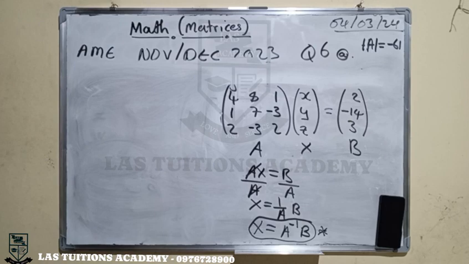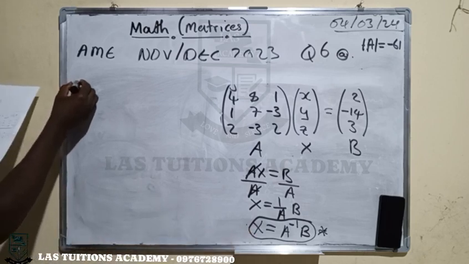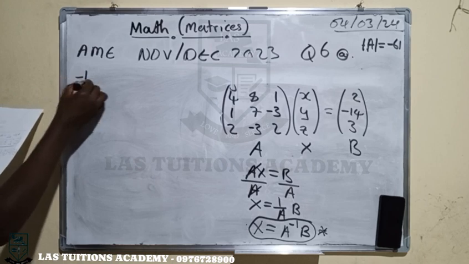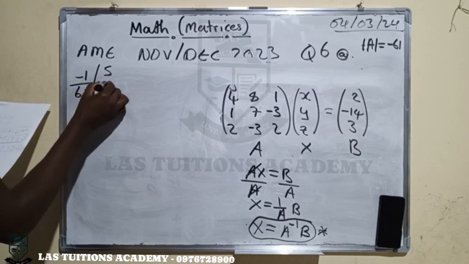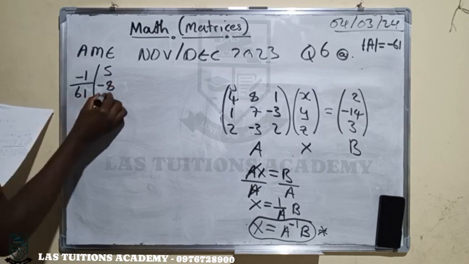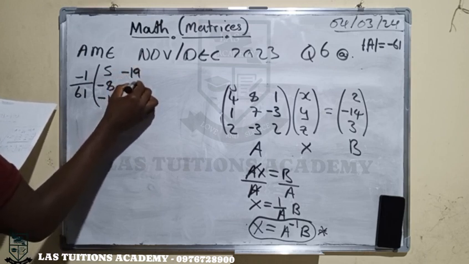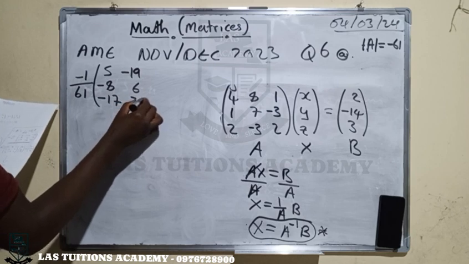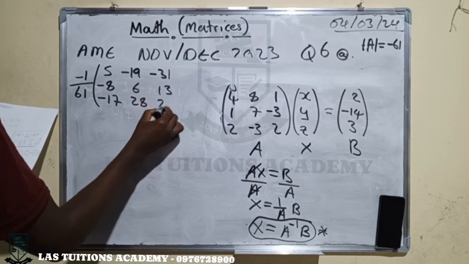So now we know what our inverse is, and we know what our B is. Using this formula, A inverse is negative 1 over 61, and then we have 5, negative 8, negative 17, negative 19, 6, 28, negative 31, 13, 20.